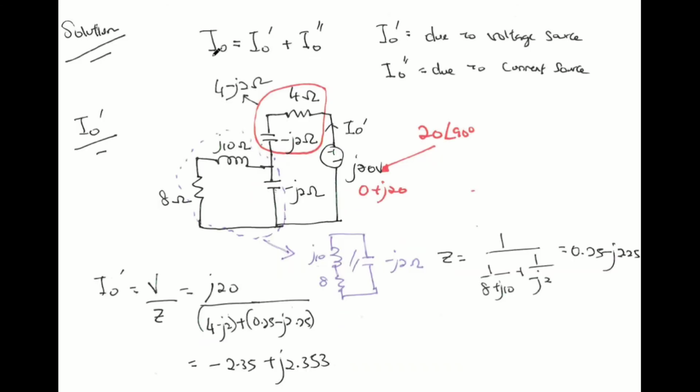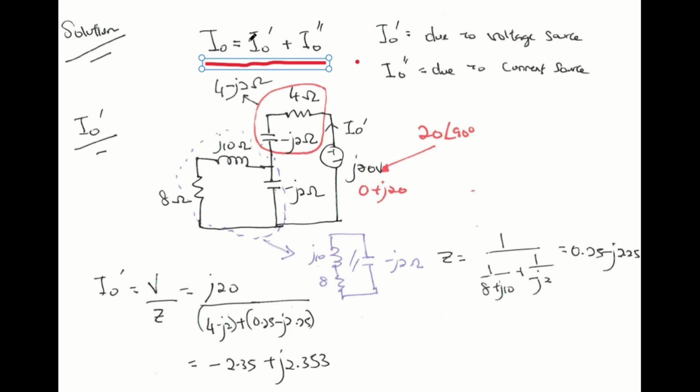Because we're using the superposition theorem, the algebraic sum of the contribution of each independent source is the total value. That's why we write it like this: I naught prime plus I naught double prime.